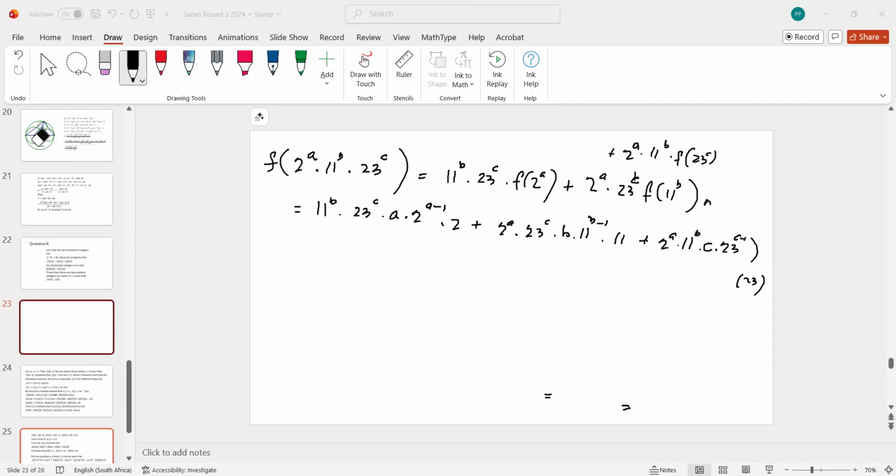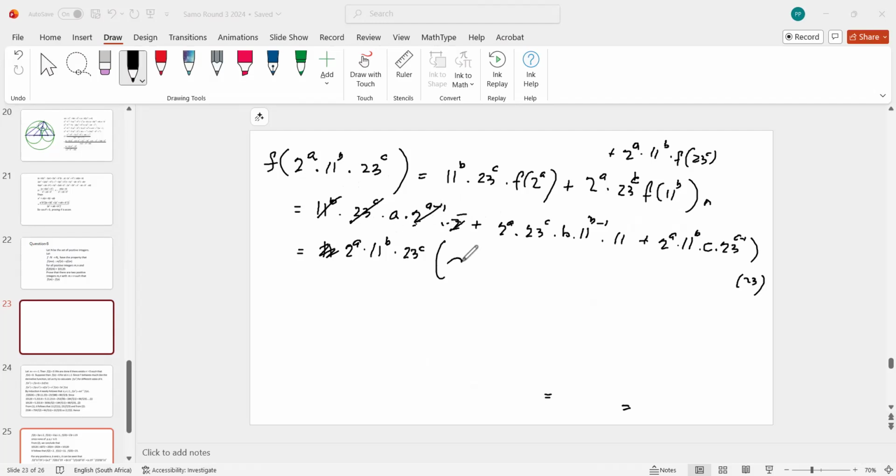Now, the nice thing about this is that, let's put it this way, 2 to the a times 11 to the b times 23 to the power of c is a common factor right throughout here, right? Here it is 11 to the b, 23 to the power of c, and these two when multiplied give you 2 to the a.